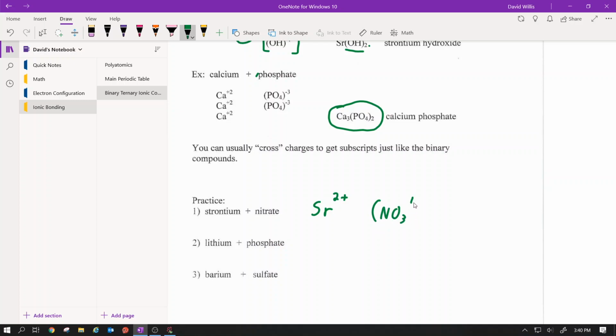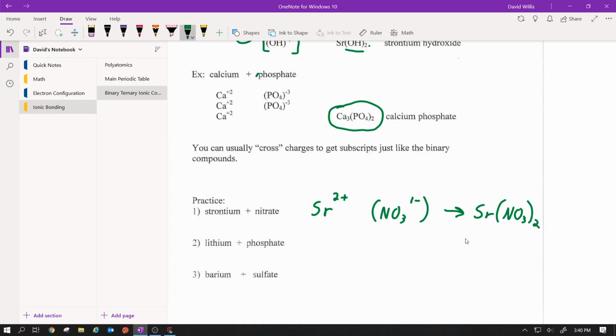NO3, and it is a -1. Let's cross it up and we'll get strontium 1, which we won't write, and then nitrate, NO3 2. So there are 2 nitrate groups and 1 strontium group.